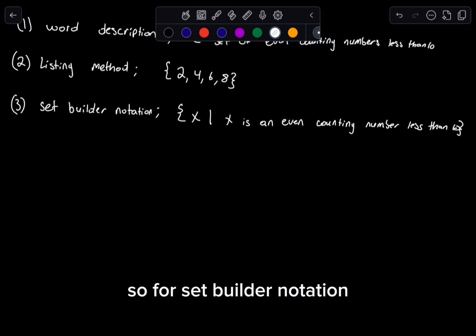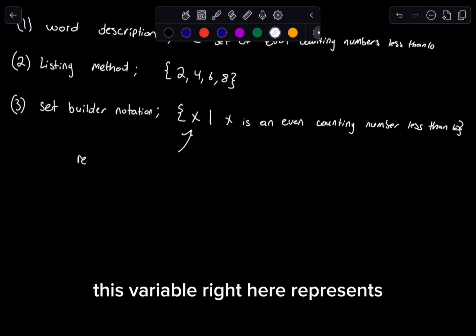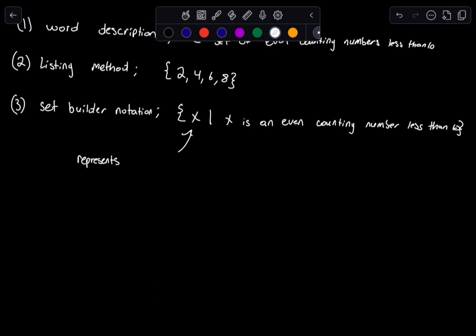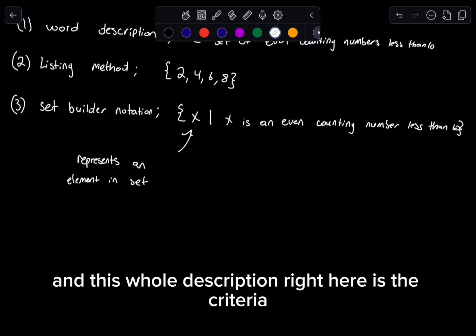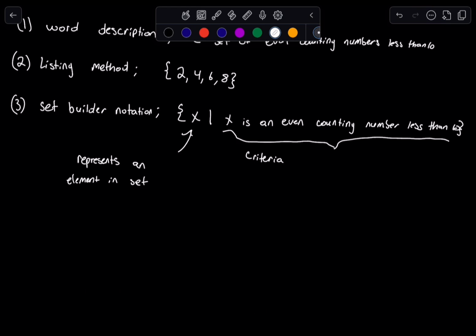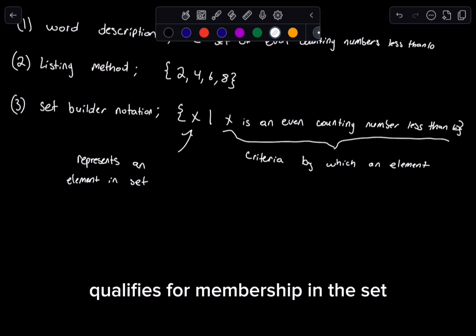So for set builder notation, this variable right here represents an element in the set. And this whole description right here is the criteria by which an element qualifies for membership in the set.